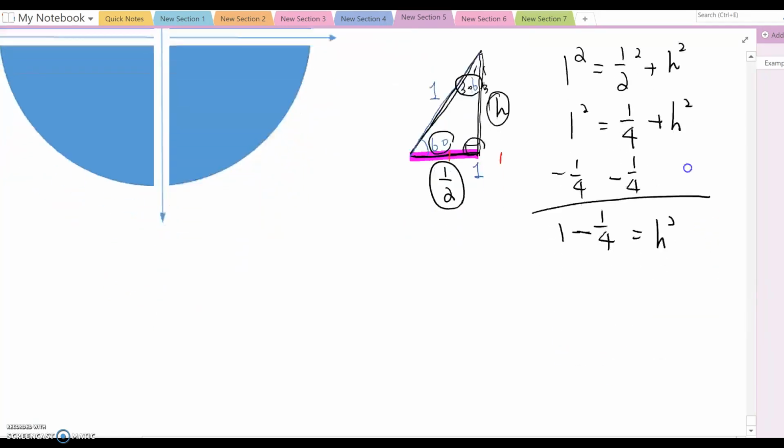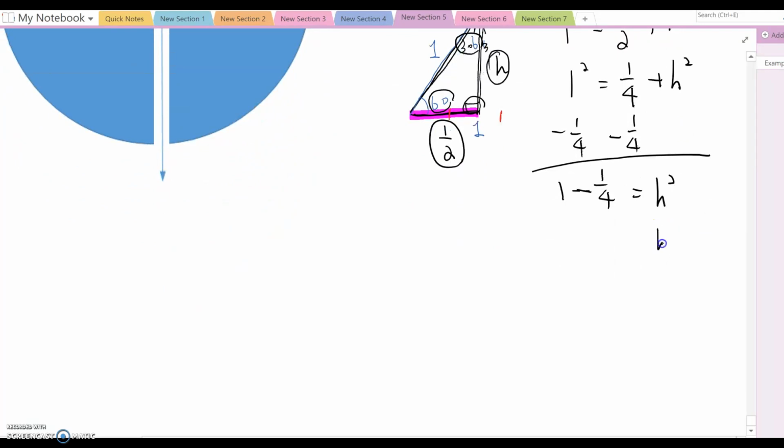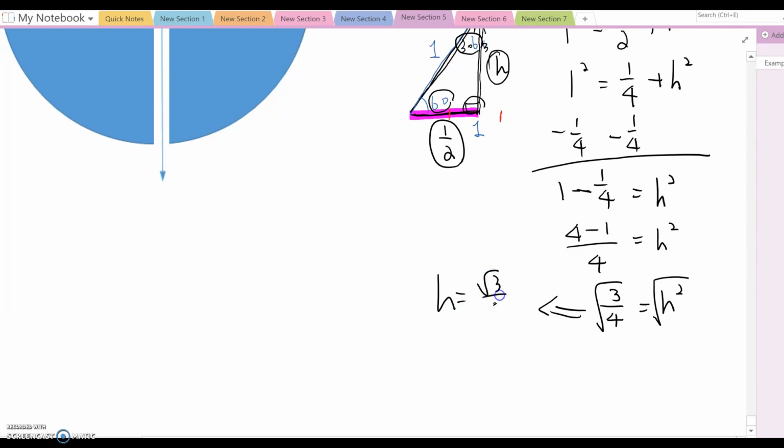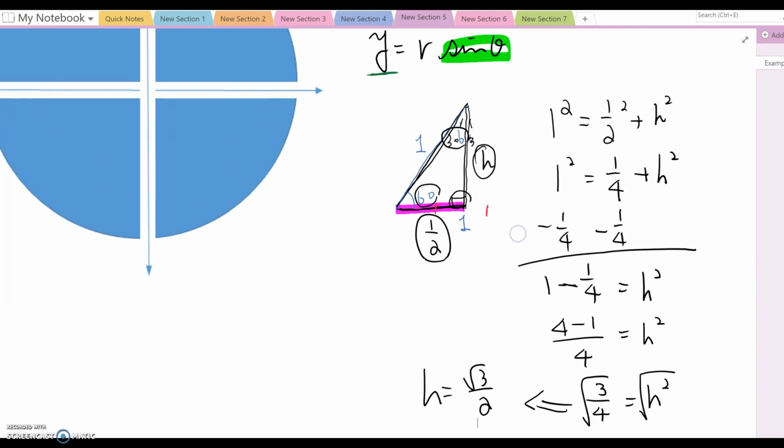As you see, the common denominator is 4. So h squared equals 4/4 minus 1/4, which means h squared equals 3/4. We're going to find h, not h squared. So take the square root, then h equals root 3 over 2. Okay? Therefore, now we can define this h equal to root 3 over 2.